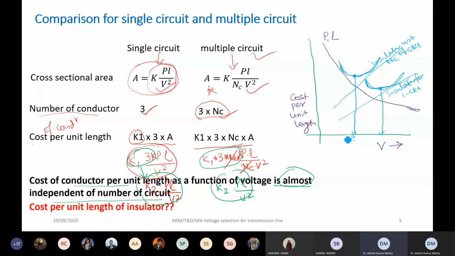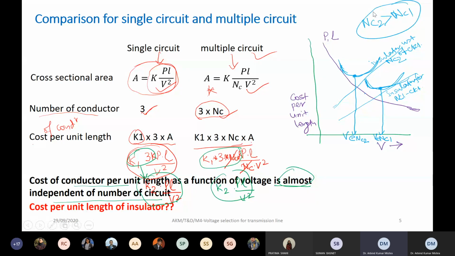This is V economical for NC1 and this is V economical for NC2, provided NC2 is greater than NC1.